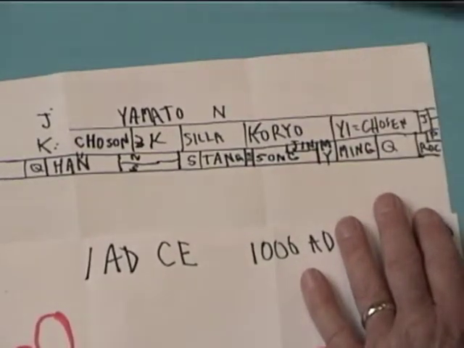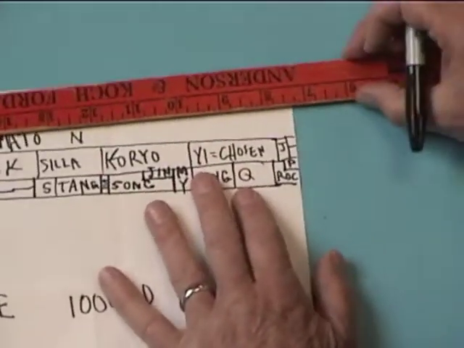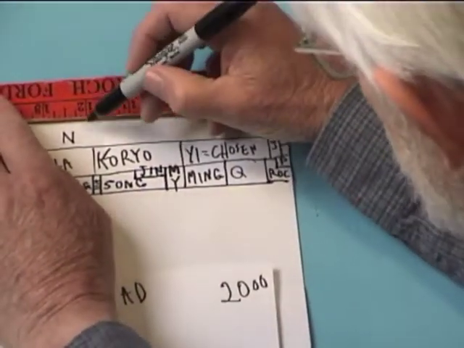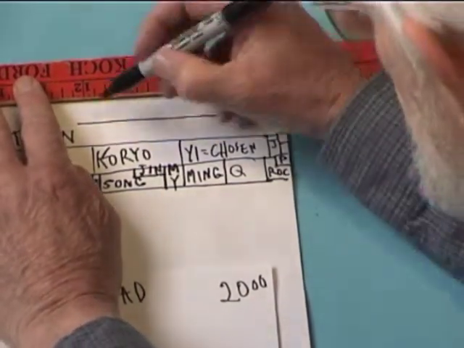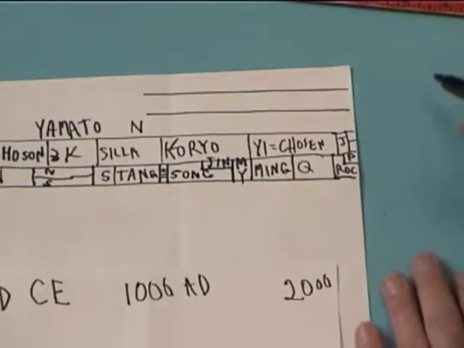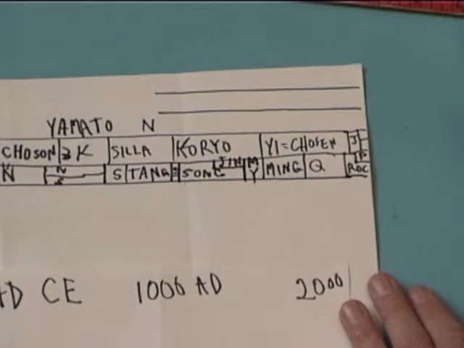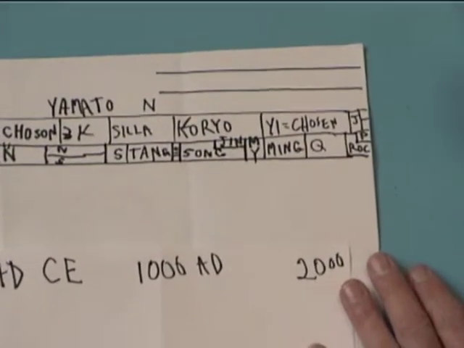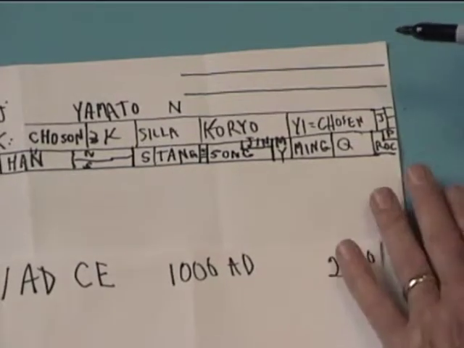From the 700s on, I'm going to explain Japan by drawing two bands, because the rest of these eras have more than one name. One of the names usually is a place name associated with that era, and the other name is a family that's dominant during that era.